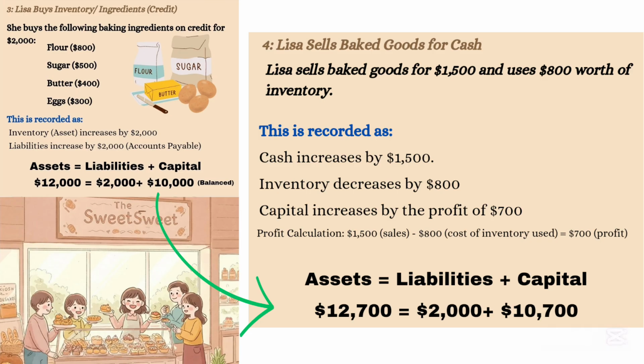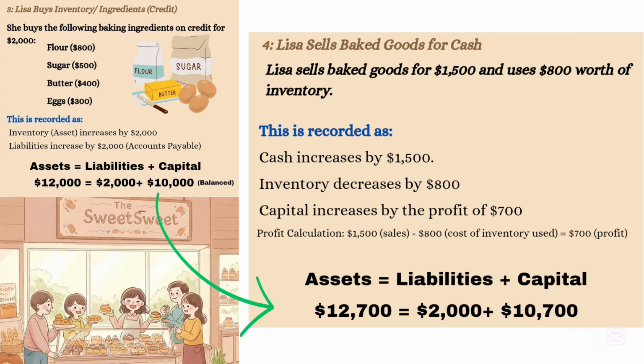Lisa sells baked goods for $1,500 in cash and uses $800 worth of inventory. The transactions are recorded as cash increases by $1,500 while inventory decreases by $800.